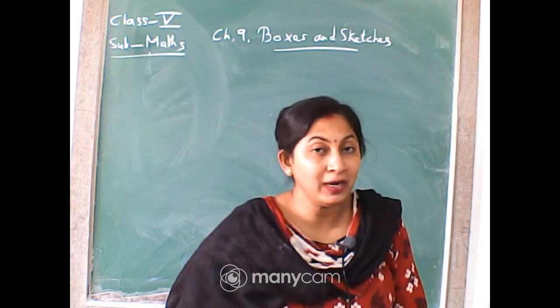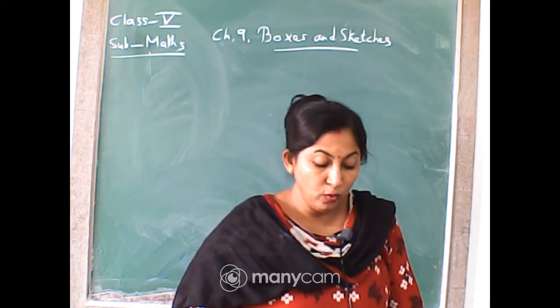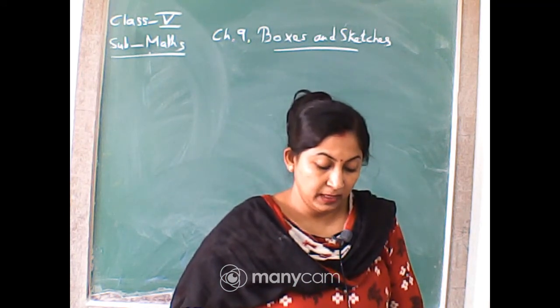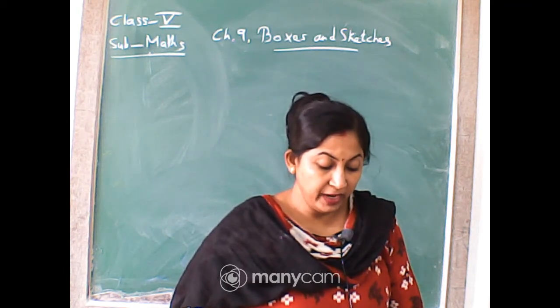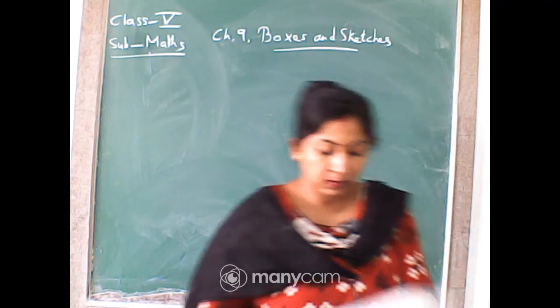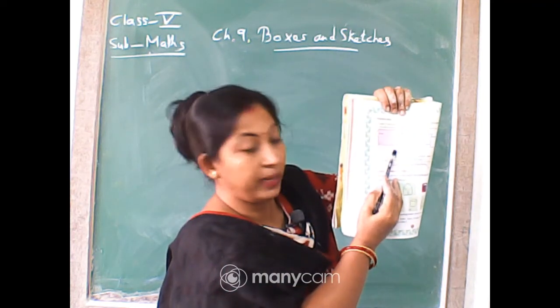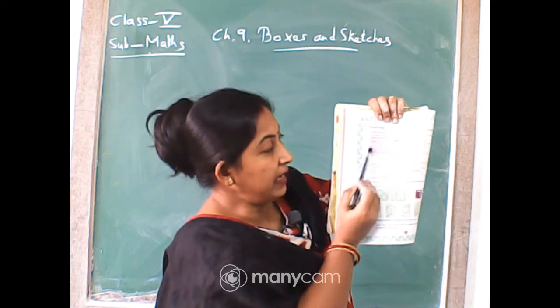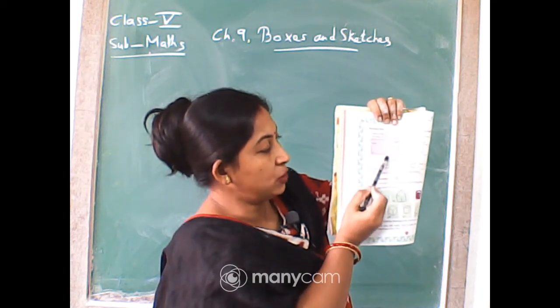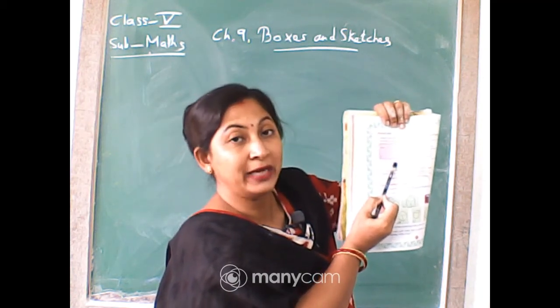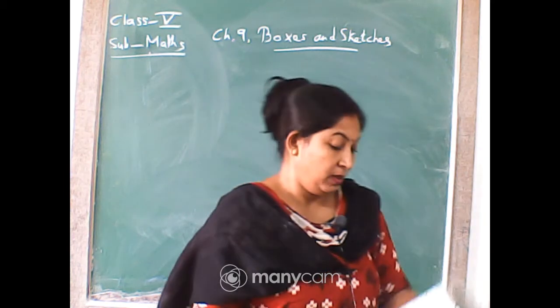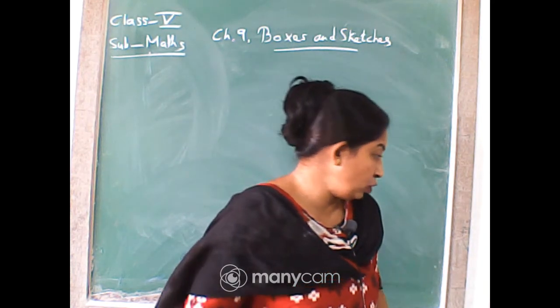That's why we are not able to show these two windows. Clear? See, one is this window and one is this one. These two windows we are not able to show.